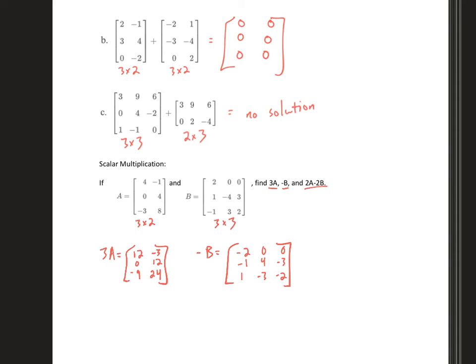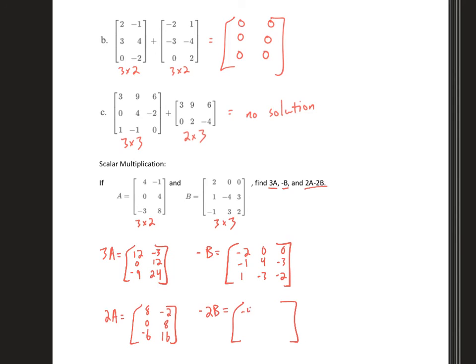For 2A minus 2B, multiply the first guy by 2. That's 8, 0, -6, -2, 8, 16. We'll do -2B, and then we'll just add them together.